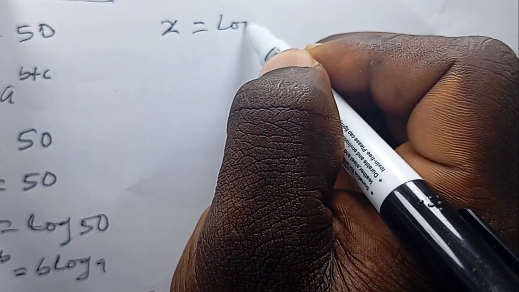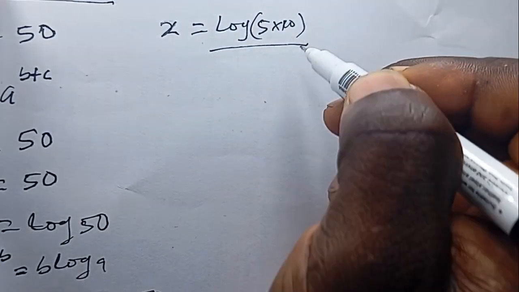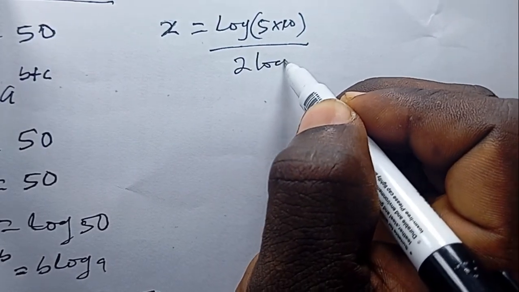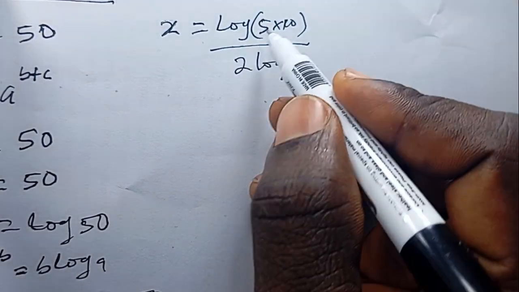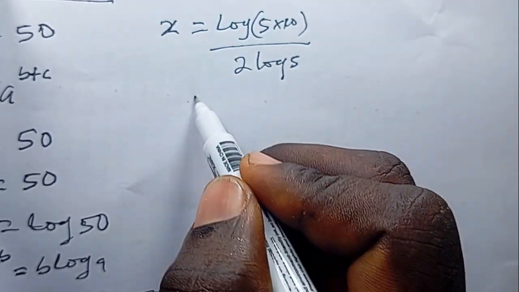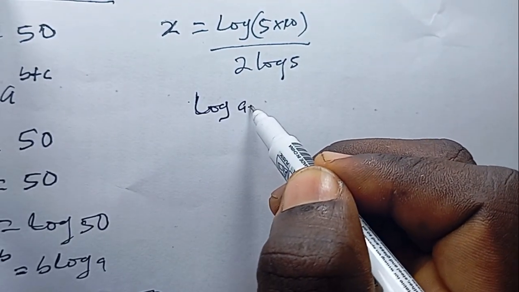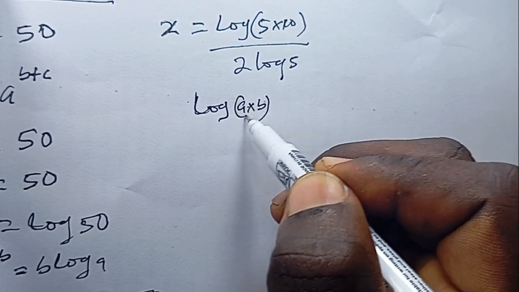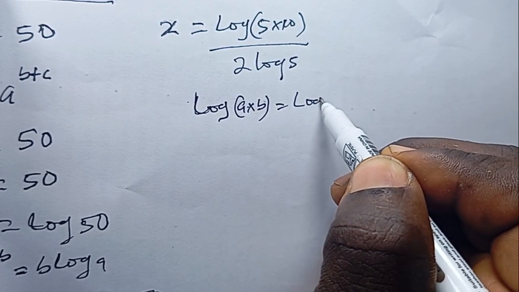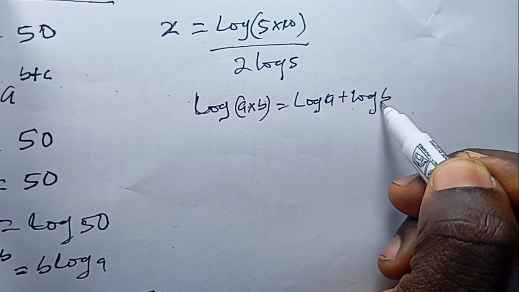So we got that x is equal to log 5 multiplied by 10, and then divided by 2 log 5. We can expand what we have at the numerator using the rule of logarithm, which says that when you have log a multiplied by b, you can expand this as log a plus log b.